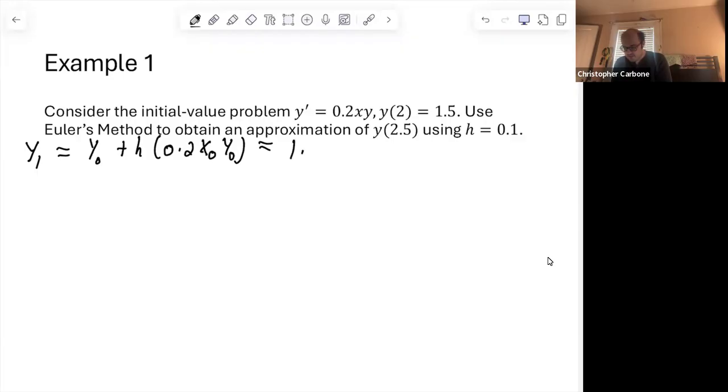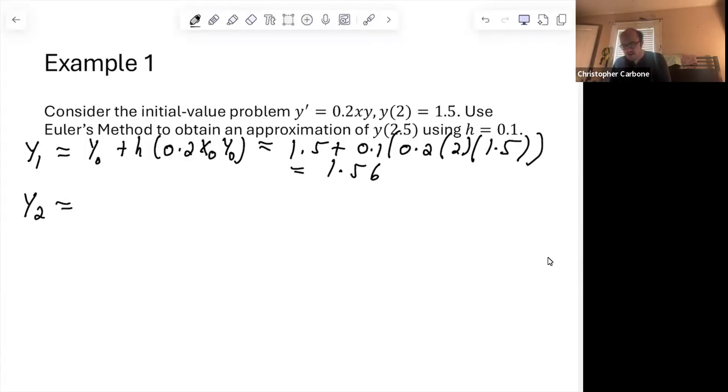So in our case, 1.5 plus h, which was 0.1, times 0.2 times, for the value of x sub 0, a value of 2, times y sub 0, which is 1.5. Doing this calculation should give you a value of 1.56.